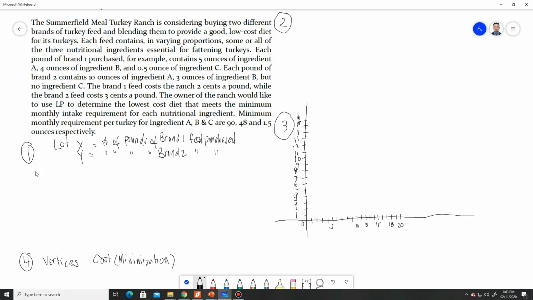For step 1, we will develop the table. For our column info, we will have brand 1 and brand 2, the composition of each pound of feed per ounce.